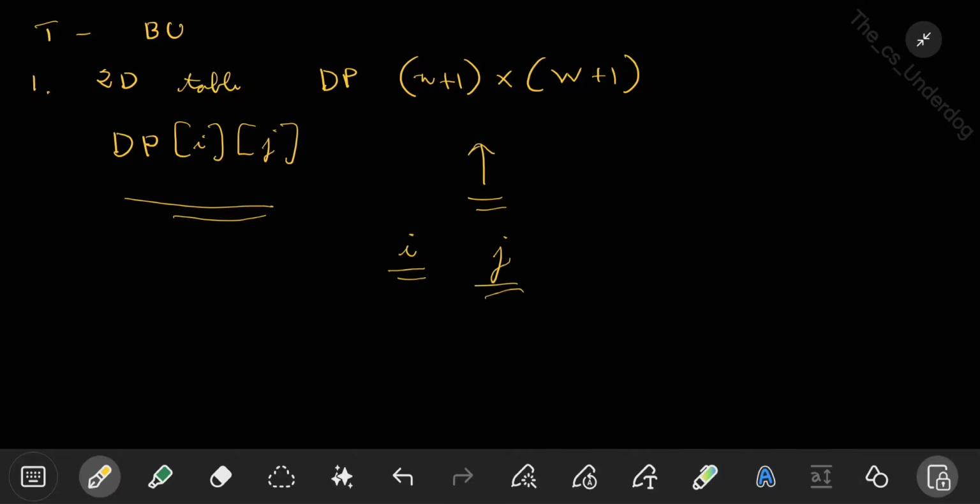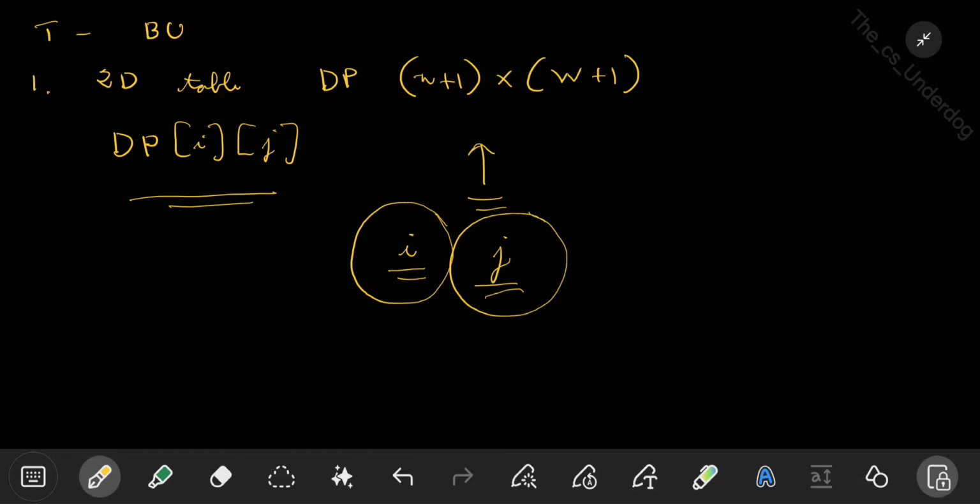It means whatever entry you enter in dp i j will be the maximum value that can be obtained if you use the first i items and the capacity of your knapsack is j.